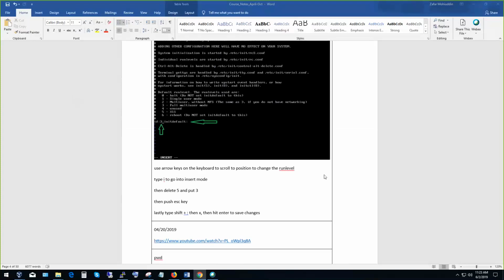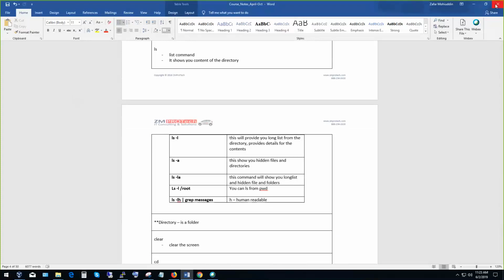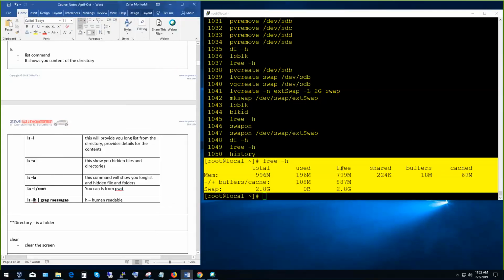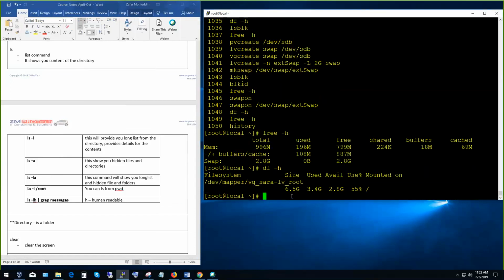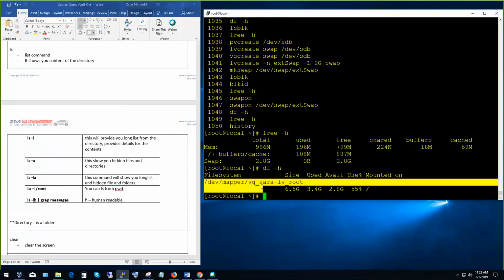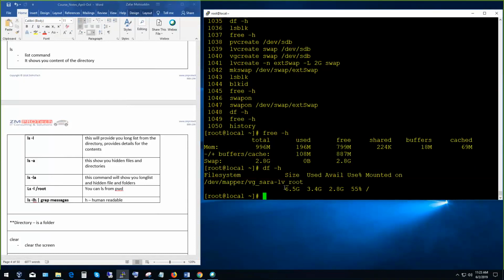Because we are done with LVM here, but there are a lot of other stuff within LVM you could play around. One other thing in LVM is when you do df -h. Right now, only the root is mounted to one of these LVMs here, right?